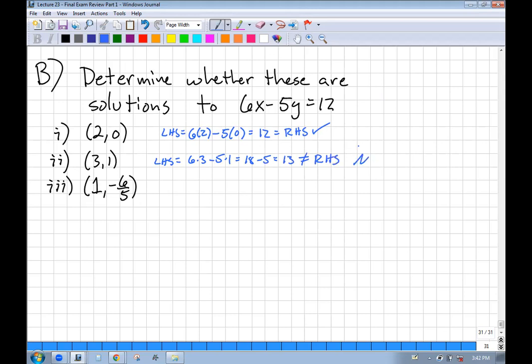So no. And part 3, the left-hand side, replacing x with 1 and the y with negative 6/5. 6 times 1 is 6, a minus times a minus is a plus. 5's cancel, that's 12, and that is the right-hand side. So yes.